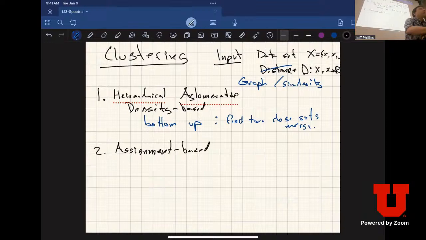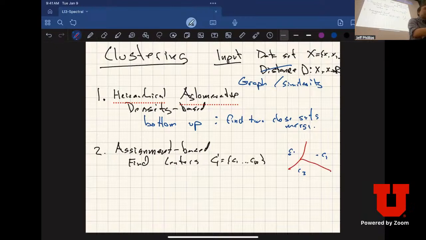The goal here was to find these centers C1 up to CK, and once I'd found these centers C1, C2, C3, it implicitly defined this Voronoi diagram, and then it mapped any of the data points, based on which Voronoi cell it was in, meaning which of the centers was the nearest neighbor, onto that center.